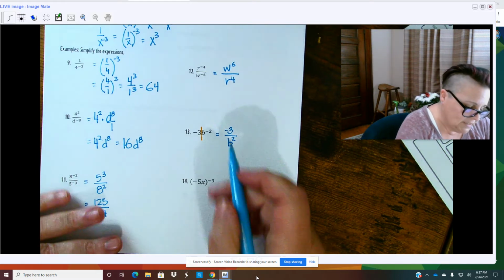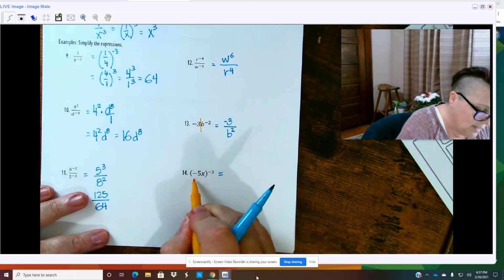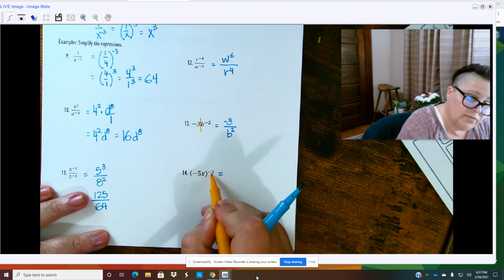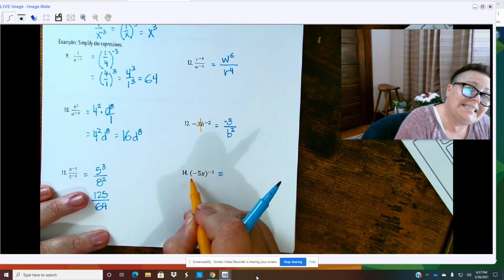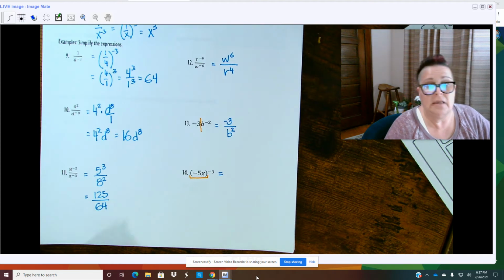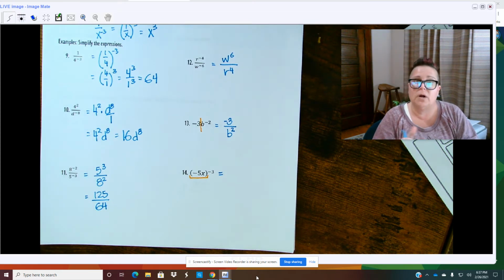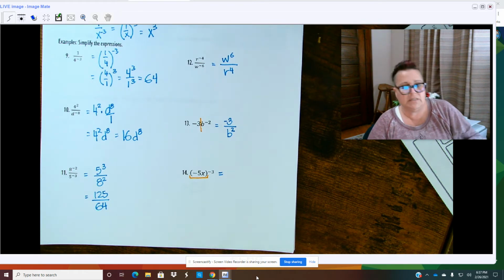What about number 14? In number 14, it's important again to recognize that the exponent is negative 3 and the base is negative 5x. So all of this is your base, right? So all of that, which is currently in the numerator, because it would be over 1, needs to go into the denominator.